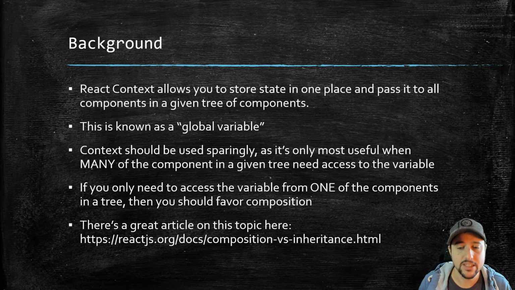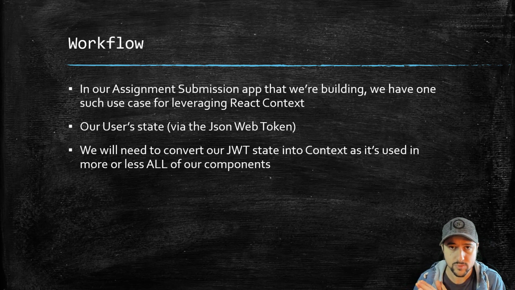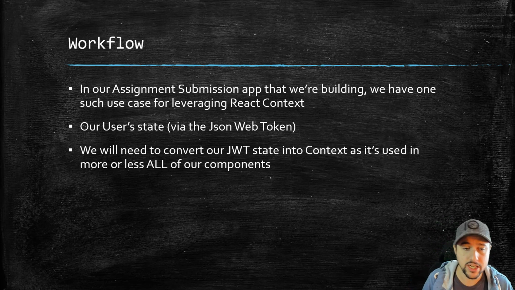However, going onto our workflow, in our assignment submission application, we do have a use case for leveraging context, which is the user's state, right? The JWT. The JWT we use across pretty much every single component in our application, because we leverage the JWT, the JSON Web Token, to be able to make fetch calls to our backend, to our Java server, right?